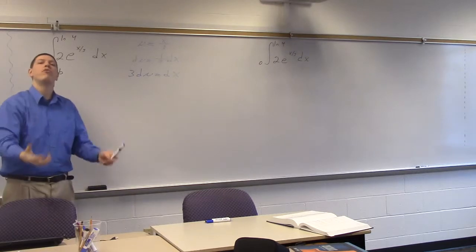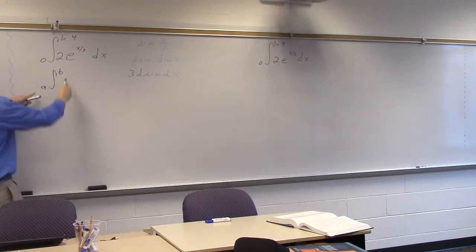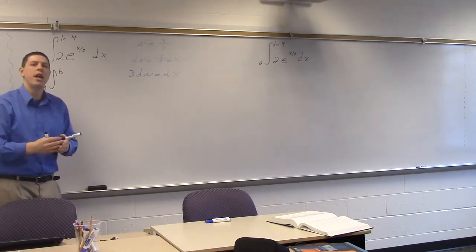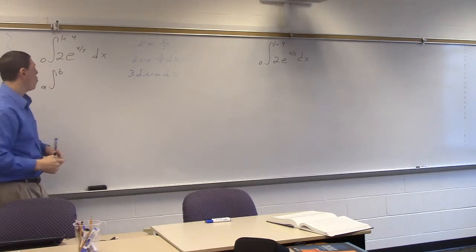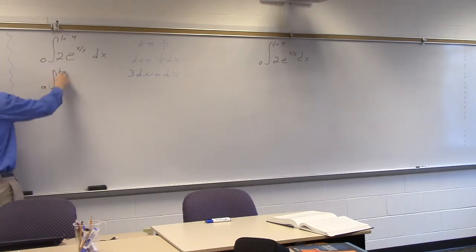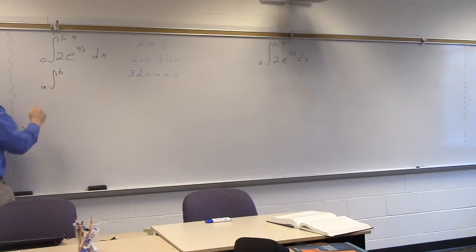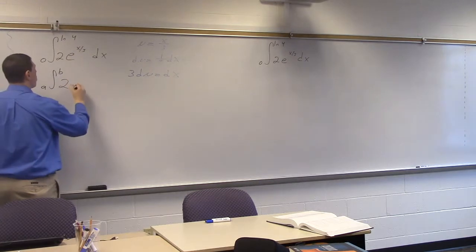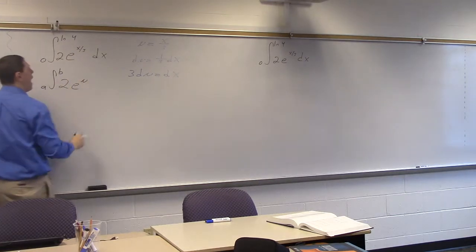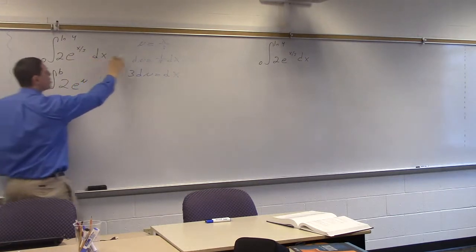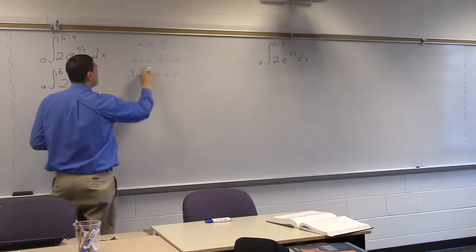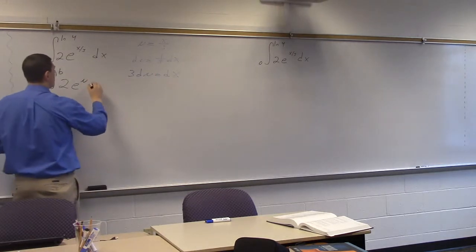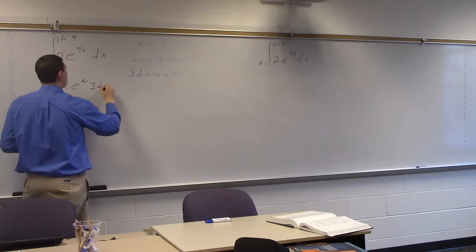And that's why I said before, dummy variables. We just use these two variables to represent some bounds in terms of u. We're not quite sure what they are. The 2 gets dropped down. X over 3 becomes u. And then instead of dx, we said that 3 du is going to be dx. So I'm going to say times 3 du.